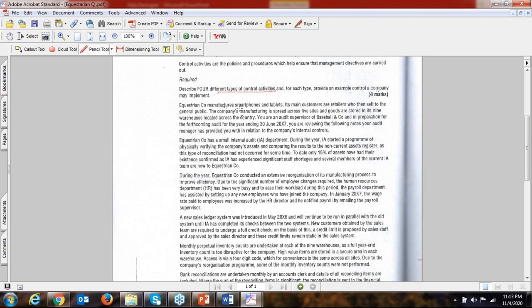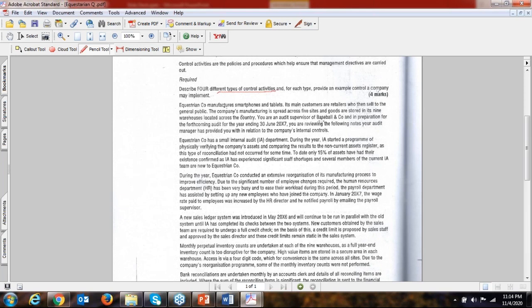Equestrian company manufactures smartphones and tablets. Its main customers are retailers who then sell to the general public. The company's manufacturing is spread across 5 sites and goods are stored in 9 warehouses located across the country. And you are an audit supervisor of Baseball.